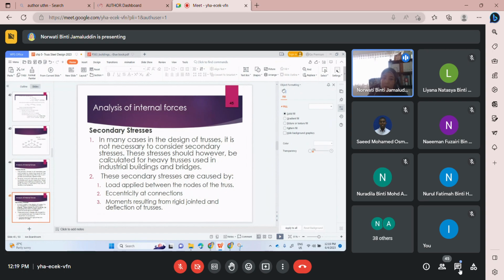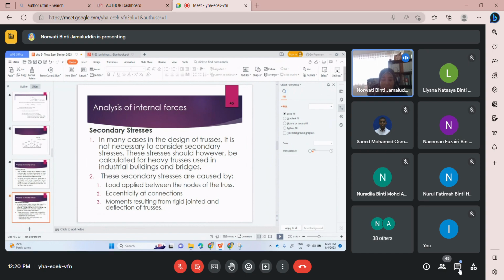This one is about secondary stresses. In many cases, it's not necessary to consider secondary stresses. However, these secondary stresses are significant if you design heavy trusses, especially in industrial buildings and also bridges.